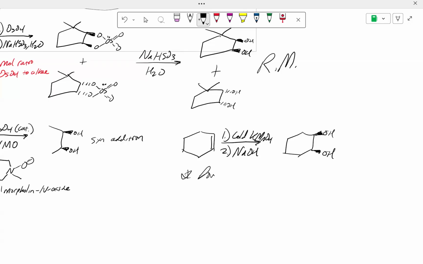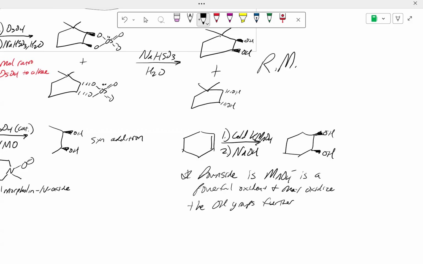One of the downsides, if you're not very careful with this reaction, is that the permanganate ion is a very powerful oxidant and may oxidize the OH groups further. So you have to pay really close attention. Sometimes it happens, regardless. So it's not always the best alternative.